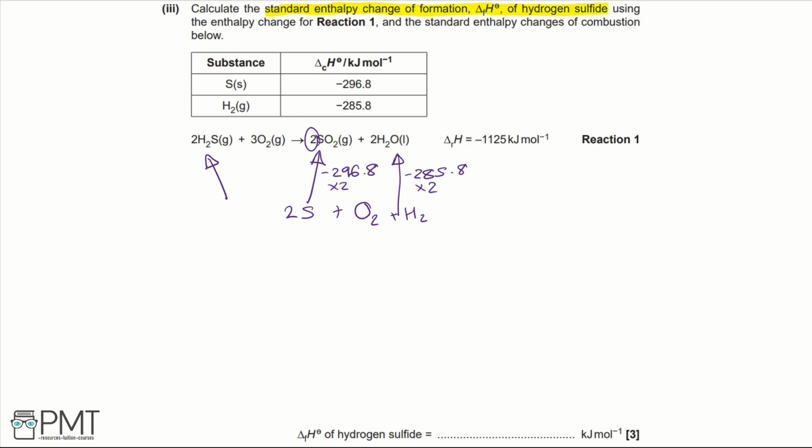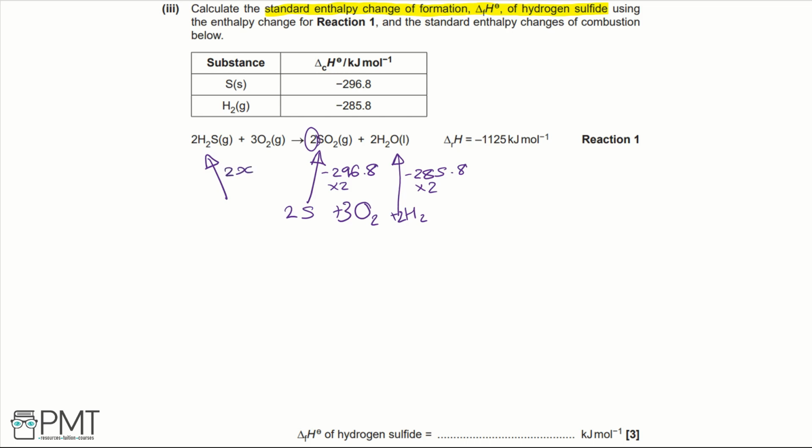So that will be using the bottom of our Hess's triangle to create hydrogen sulfide. Balancing the bottom of this Hess's triangle, we need 2 hydrogens and we need 3 oxygens. And we can label the standard enthalpy change of formation of hydrogen sulfide as 2x.